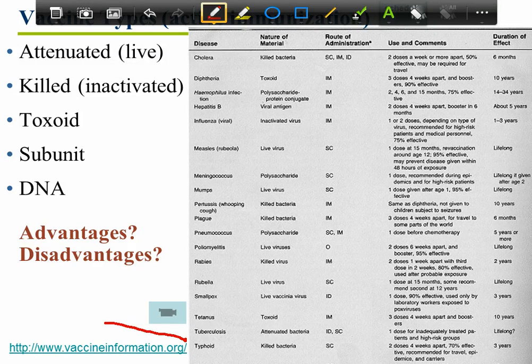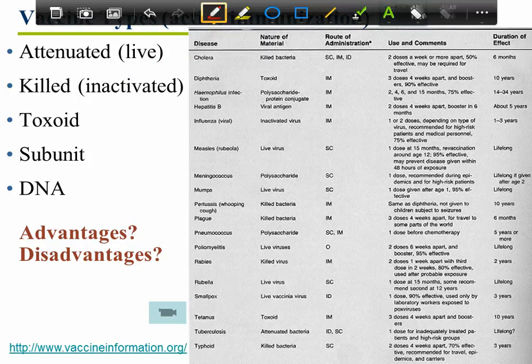Look at typhoid, Salmonella typhi, killed bacteria. Rabies virus vaccine, cholera up here. No way to get the infection, totally inactivated, destroyed bacteria.